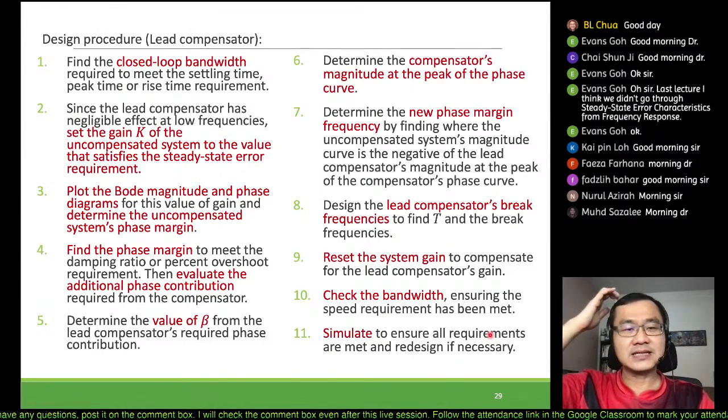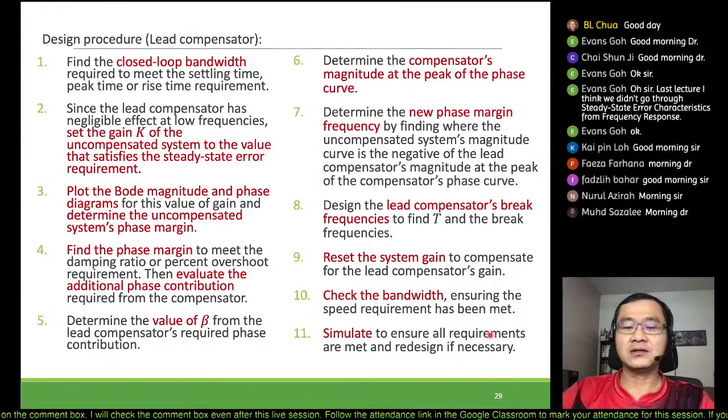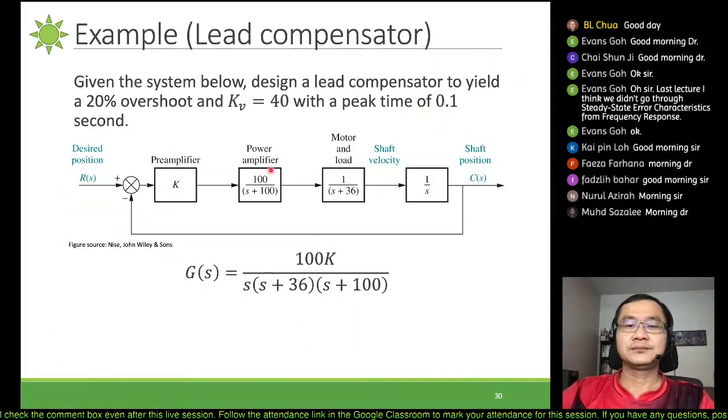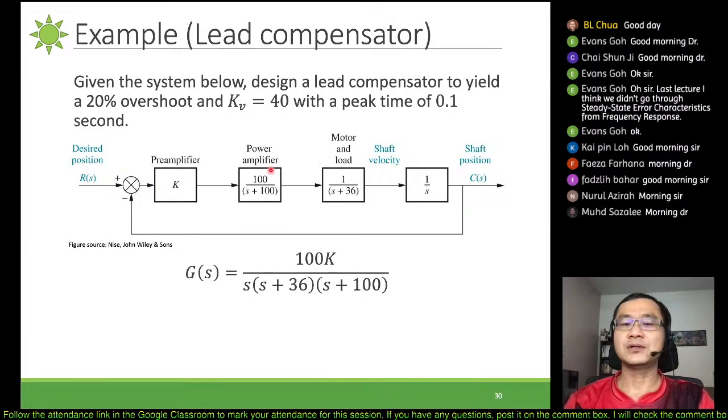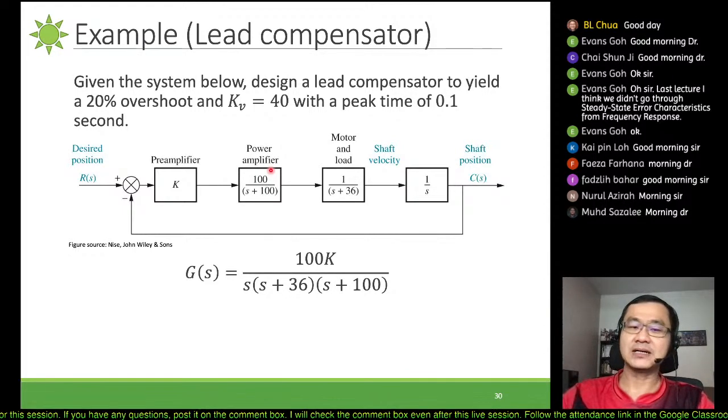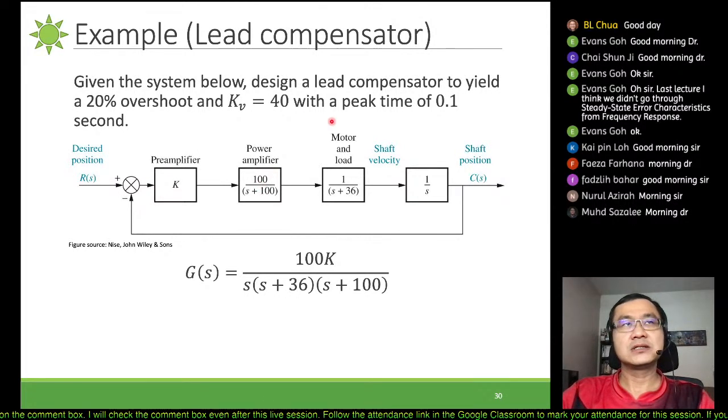So again, this design procedure you can read later on, when you need. We will just go through the procedure directly with the examples. So here we have the exact same problem, a positioning system, where now you want to design a lead compensator that gives us a 20% overshoot, instead of the previous 9.5% overshoot.